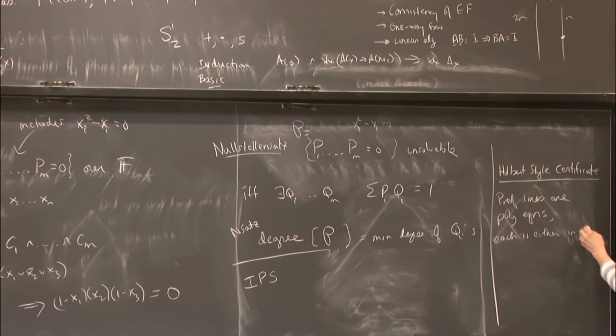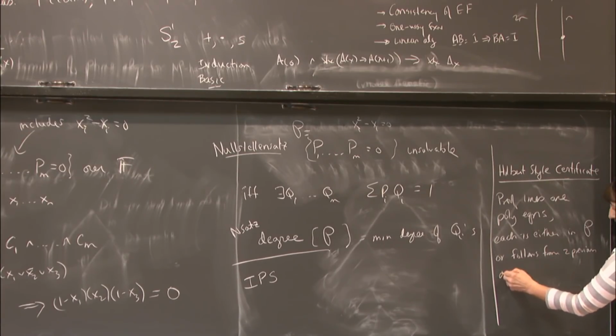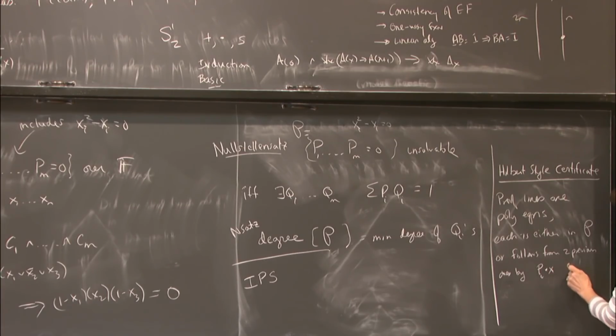Each one is either in the initial set or follows from previous ones by multiplication, so I can take a previous P_i and multiply it by an x, or I can take linear combinations of previously derived ones. And then the circuit that's computed at the end should be the identically one polynomial.